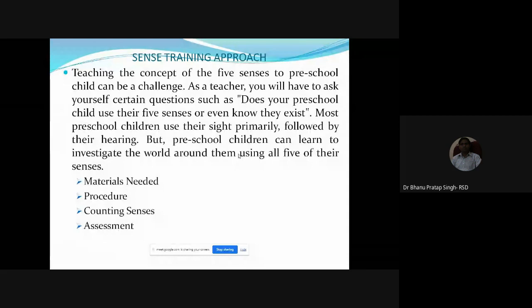Third is procedure. Yes, you all are aware, procedure is a kind of teaching learning method to develop the 5 senses.